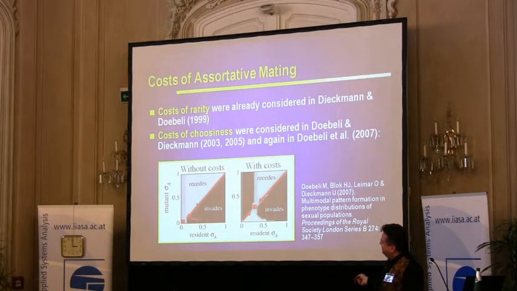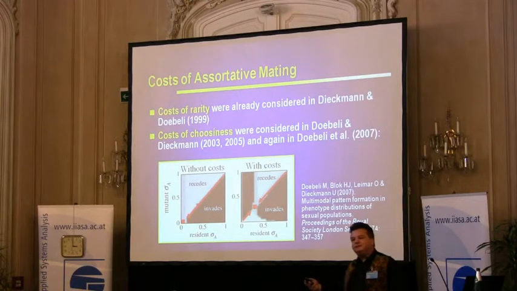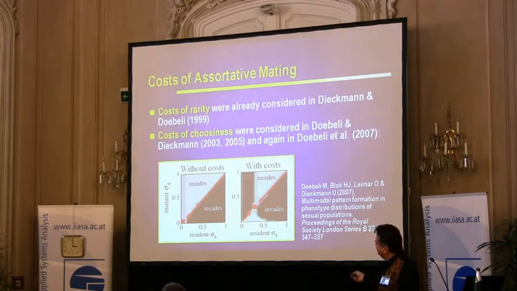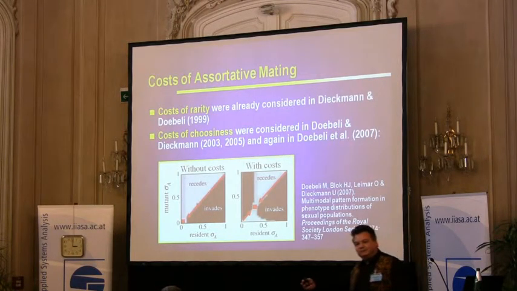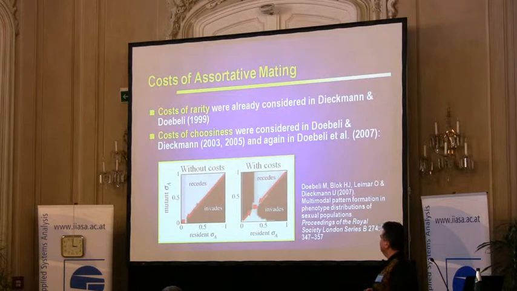But in infinitesimal models, the story is quite easy, because then all that the costs of assortative mating are doing is they shift the evolved assortment from very high to intermediate. So they prevent the evolution of very high assortment. That's exactly what you expect from costs to do.